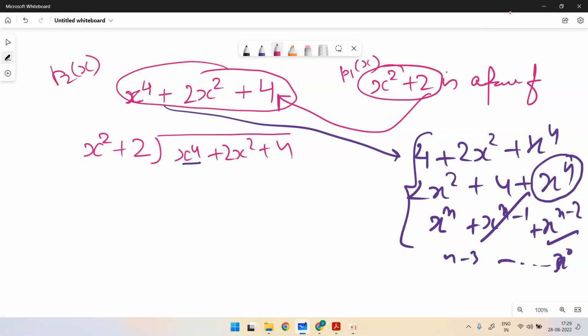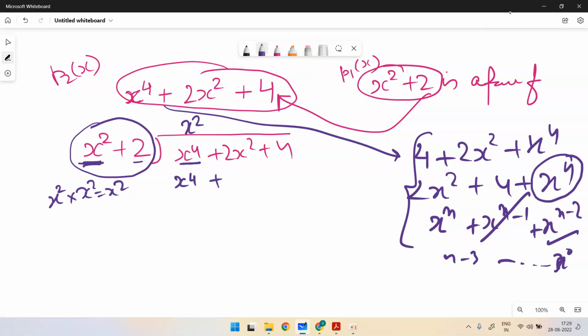Now, next step is to see how to get x to the power 4 from x square. Similarly, with this also, you need to write it in similar form: higher degree first, then lower degree. Now x square to x power 4. You know that x square into x square is x power 4. So you need to multiply this with x square.